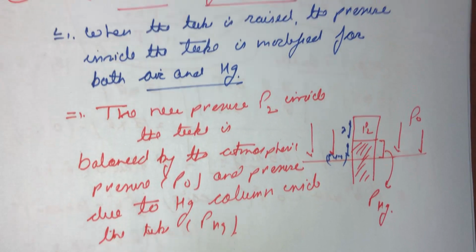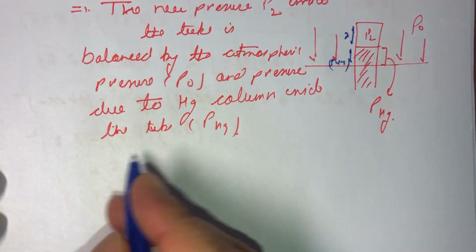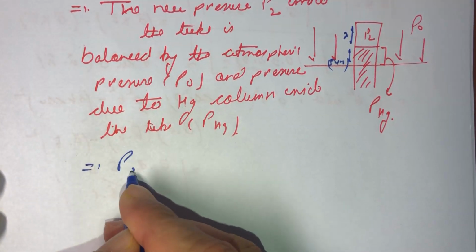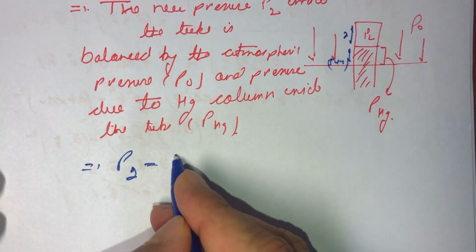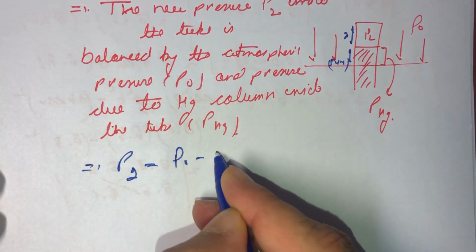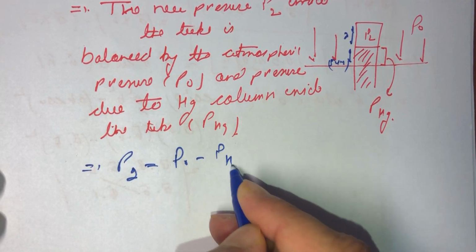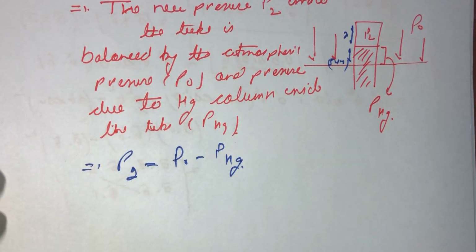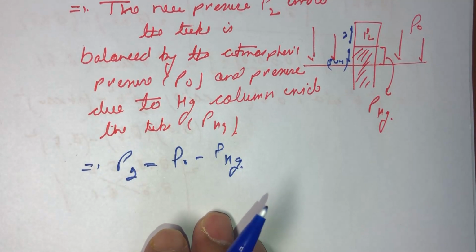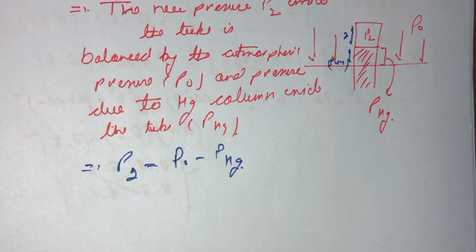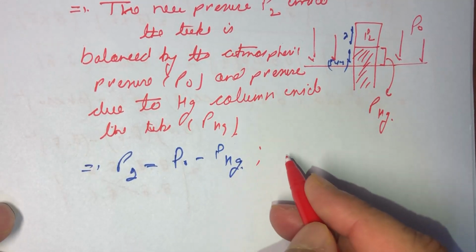Therefore, we can write the equation that P2 will be equal to P0 minus the pressure because of the mercury, PHG.